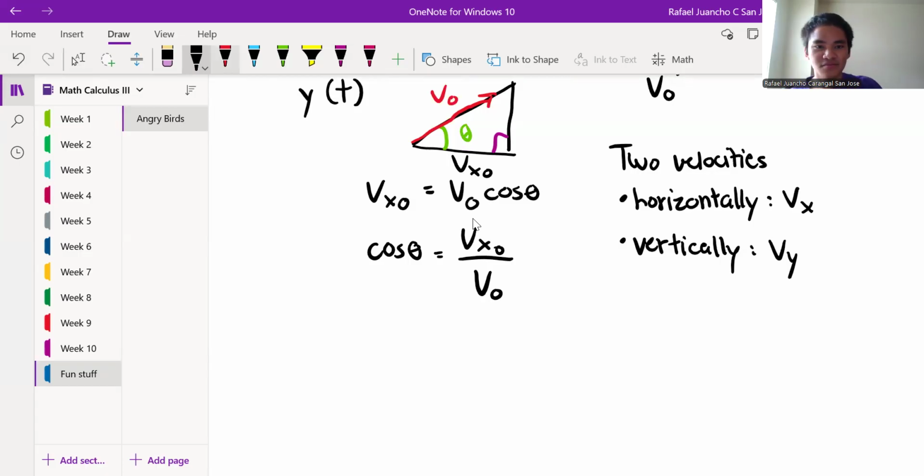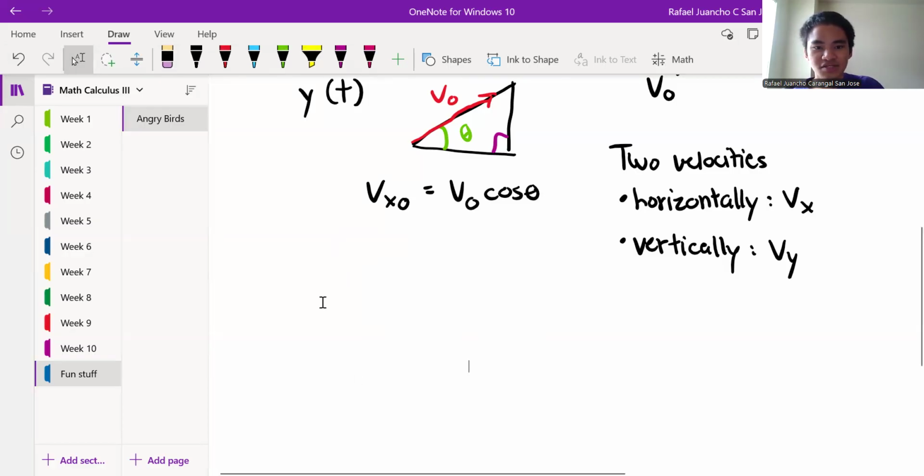And that's where we got this. And then we can just multiply V naught to both sides. So we get Vx naught equals V naught cosine theta. So that's where we got that.